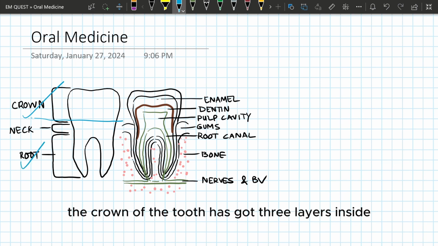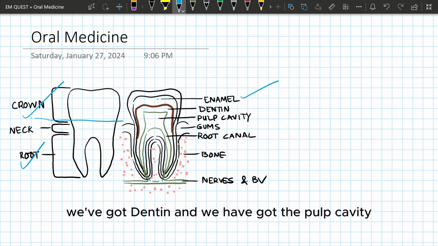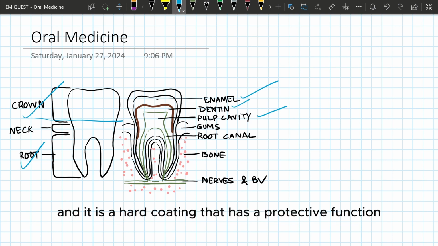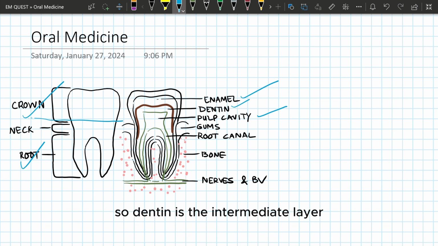The crown of the tooth has three layers inside: enamel, dentin, and the pulp cavity. The enamel is the only part of the tooth that is visible, and it is a hard coating that has a protective function. Dentin is the intermediate layer and it is mostly yellow in color.